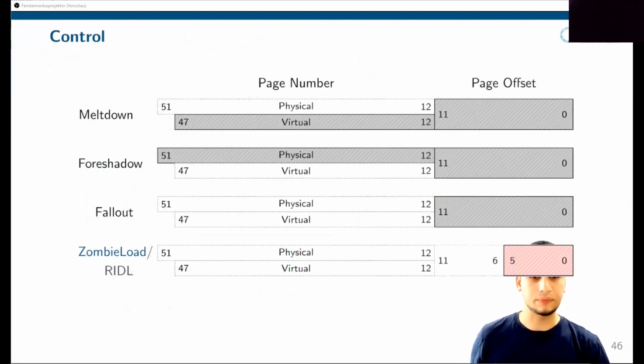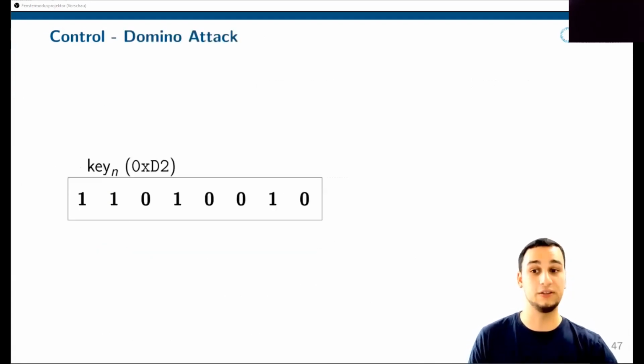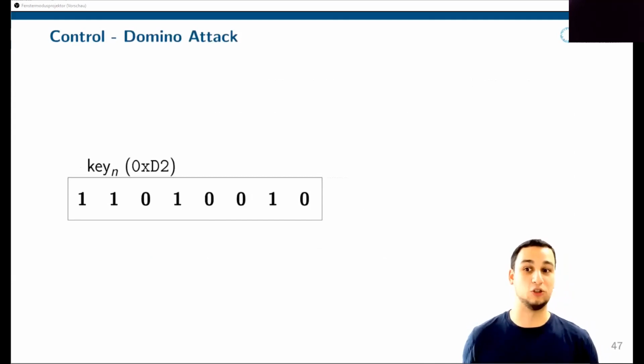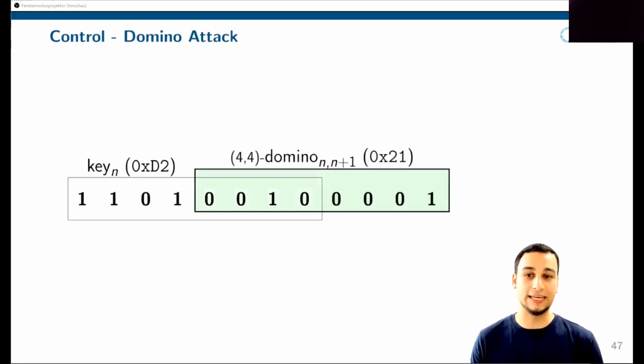All right. So now we still have this problem that we don't have control over the bytes. I said, if we leak key bytes, then we get the bytes from the key, but we don't know which byte belongs to which offset in the key, or if it's even a key byte. So what we can then do here to solve that is kind of mount a domino attack, where we leak bytes and then shift bytes, so overlapping bytes.